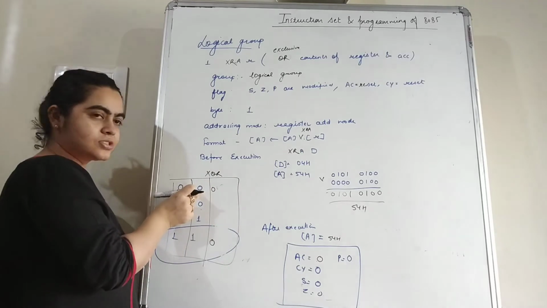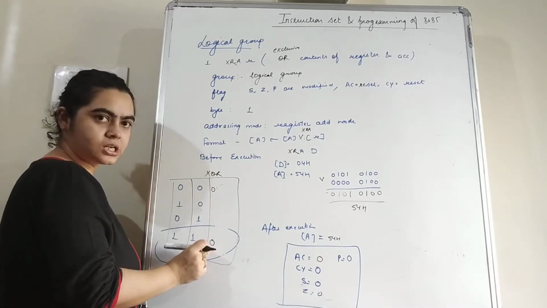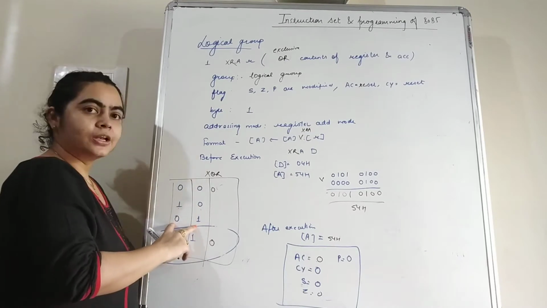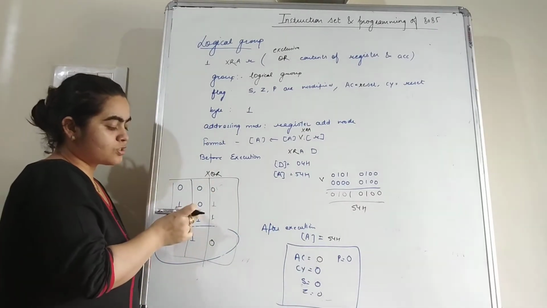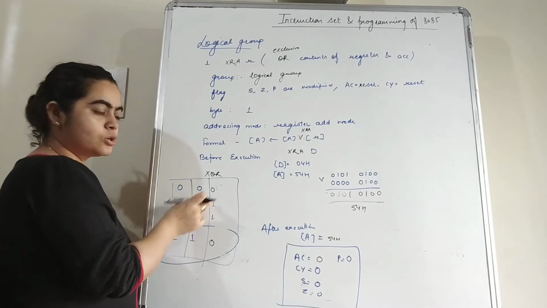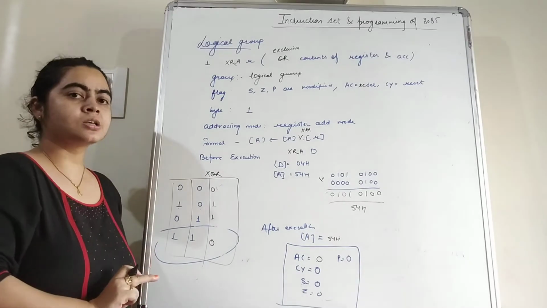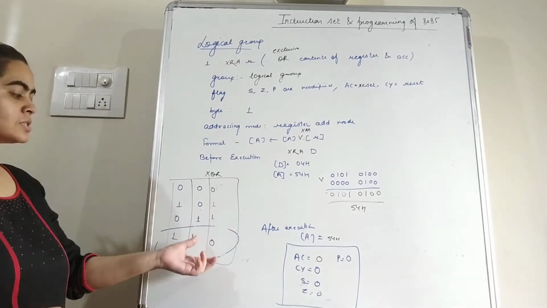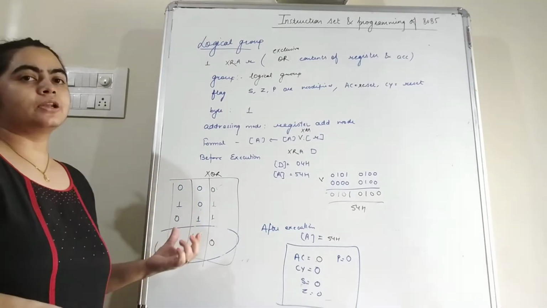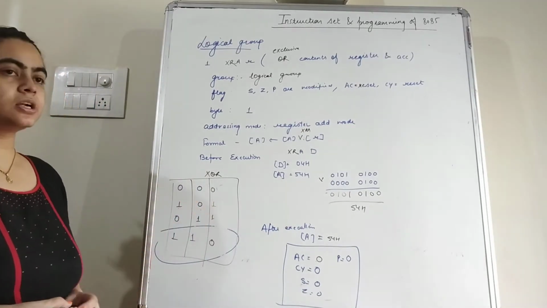So when we have 0 and 0, then the result is 0. When we have 1 and 1, then the result is 0. When both the values are different, only then the result is high. So here in this case we have two inputs 1 and 0, so the result is 1. Here we have input 0 and 1, so the result is 1. So when both the values in the input are same, then the result is 0, and when both the values in the input are different, then the result is high.